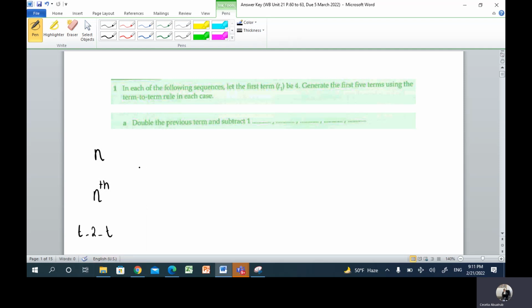So n is the first term, second term, third term, fourth term, fifth term, sixth term, and so on. They're telling us let the first term be 4. So we're starting here at 4.